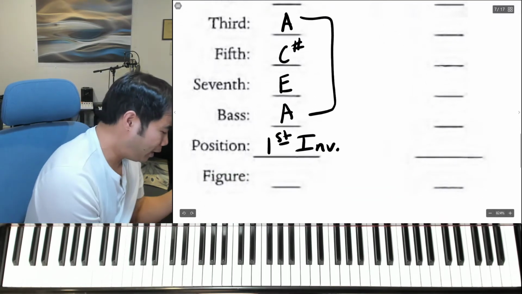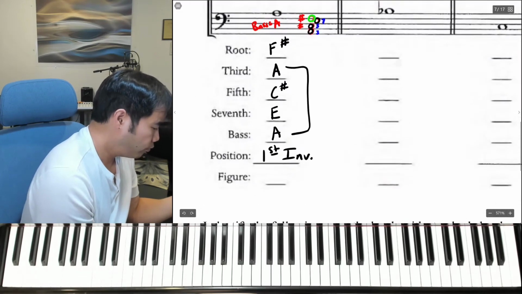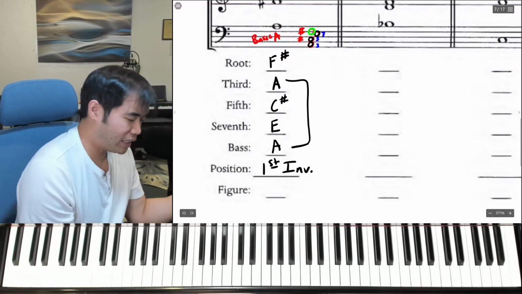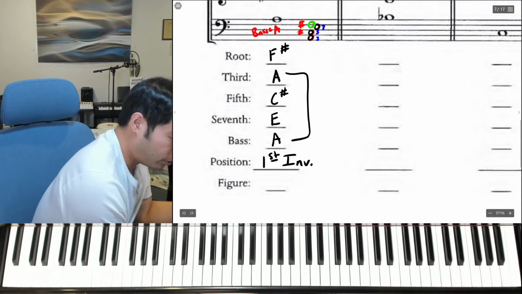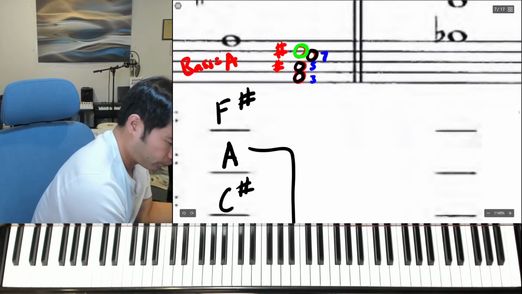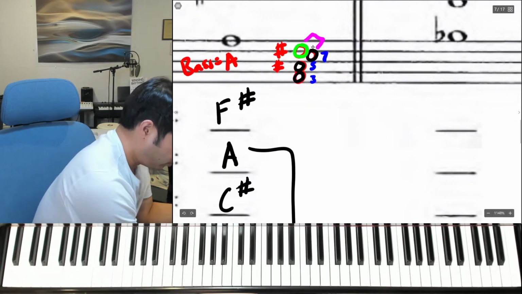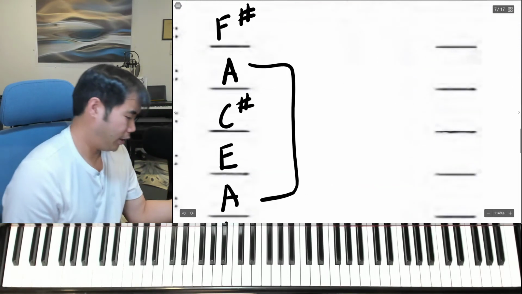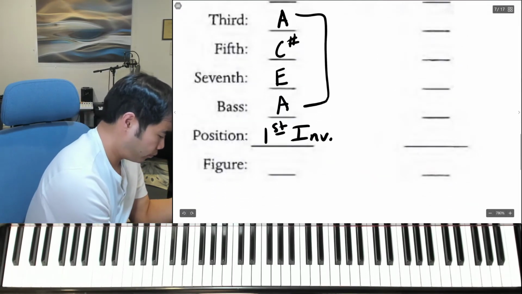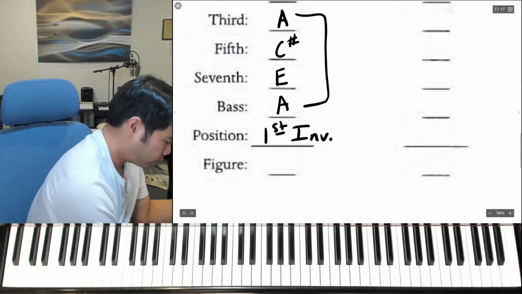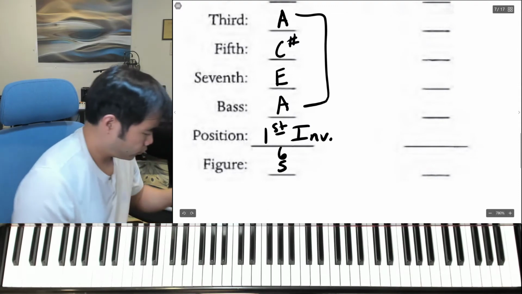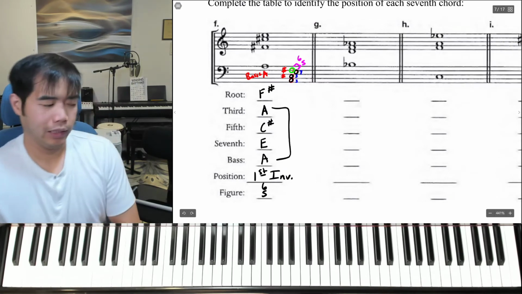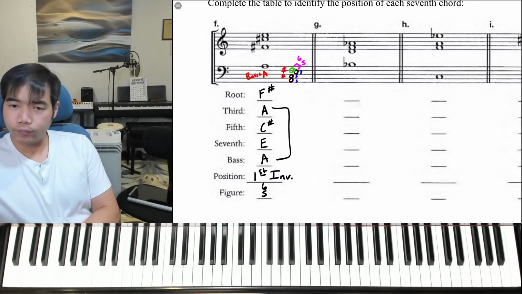And what's the figured bass for first inversion 7th? Well, remember, it's going to be a 6-5. So that's how that works there.